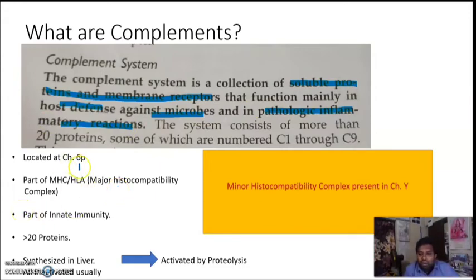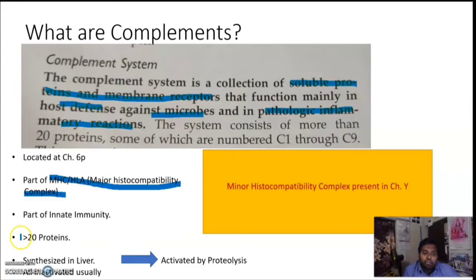So now we have to know where complement protein genes are located. Complement genes are located in chromosome 6p. Have you heard about chromosome 6p? Short arm 6p, p means short arm of chromosome. Yes, you have heard that major histocompatibility complex proteins are translated from these genes located in the 6p locus.